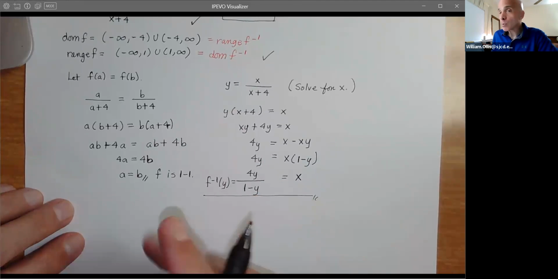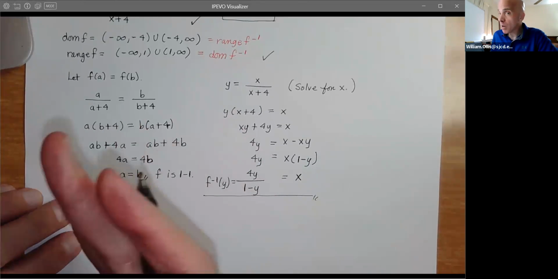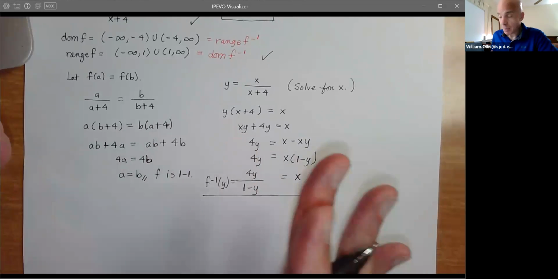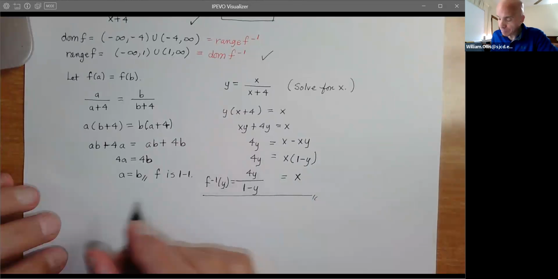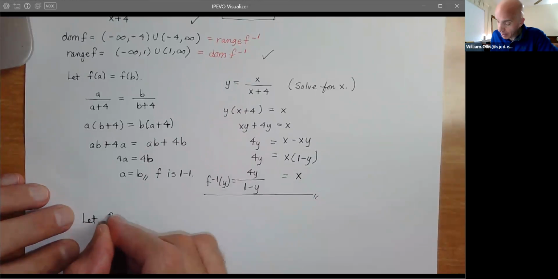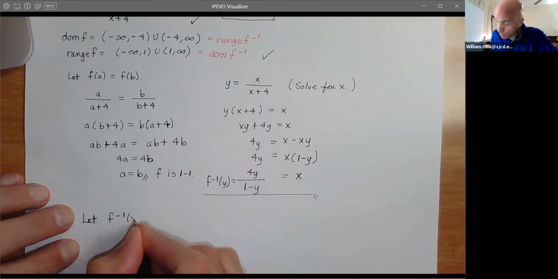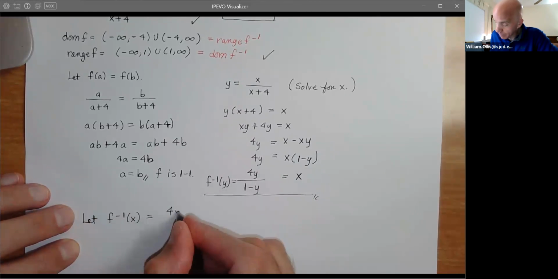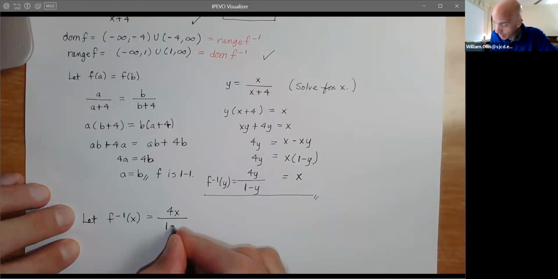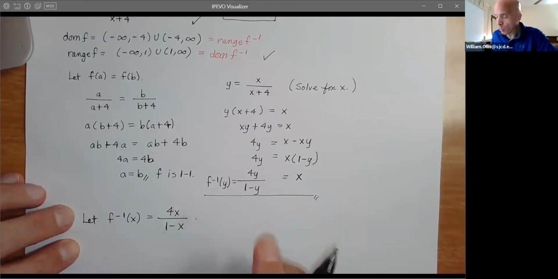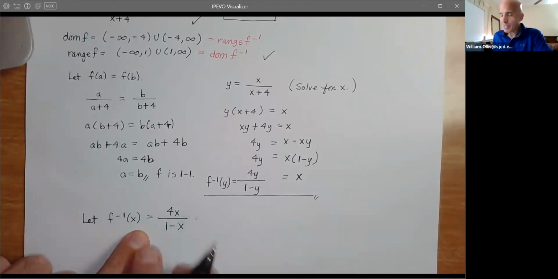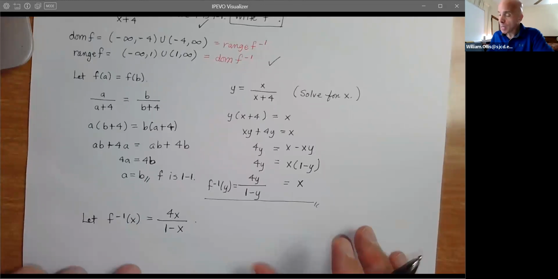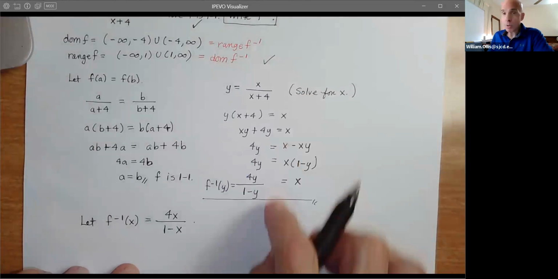Now, if we were interested in showcasing the function as an independent function with the same independent variable x, we can now let F inverse of x just flip out the y's with x's and write this way, 4x over 1 minus x. So what this does is showcase this function as an independent object. Notice these equations are equivalent.